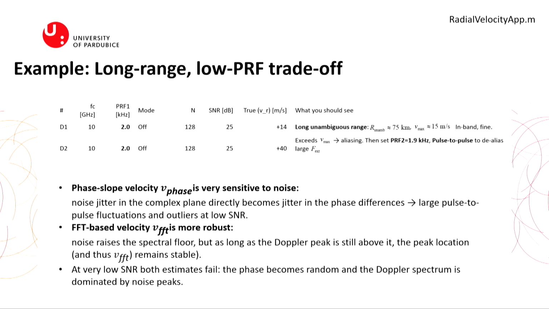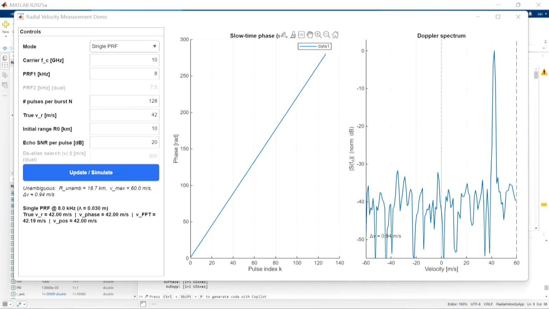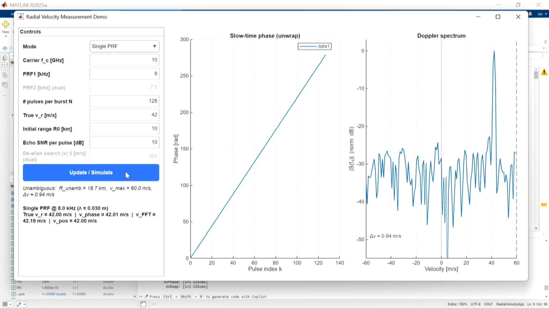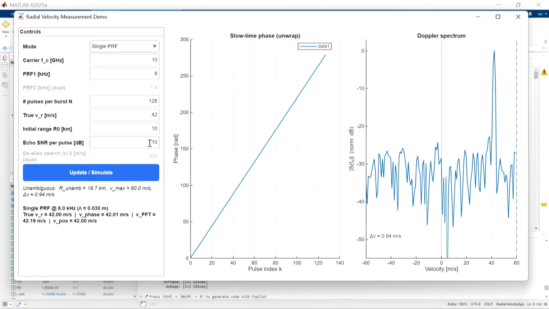And signal to noise ratio, we can try it. Is it clear that there is almost no noise because it is set to 20 dB. So let me check if I put 10. You can see noise is higher and higher, but never mind, our phase is still very stable without any problem.